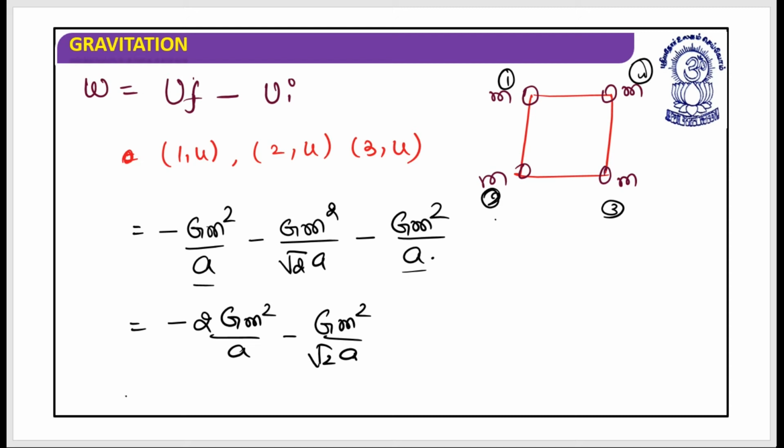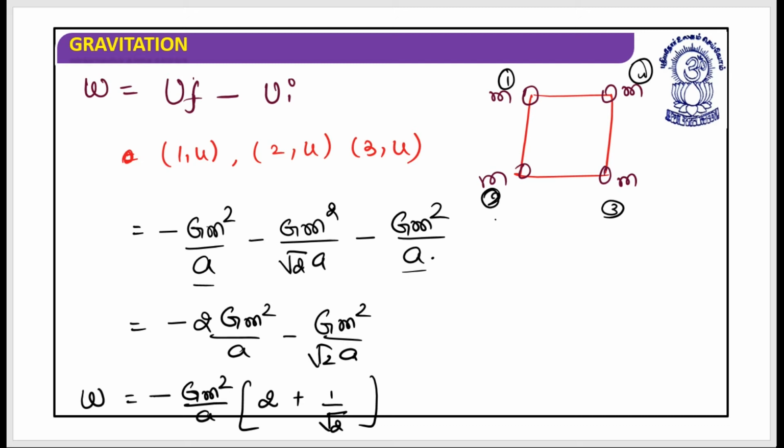If I take minus G M square by a as a constant, this is the bracket 2 plus 1 by root 2. So minus G M square by a times 2 plus 1 by root 2 is the work done. I hope this is clear.